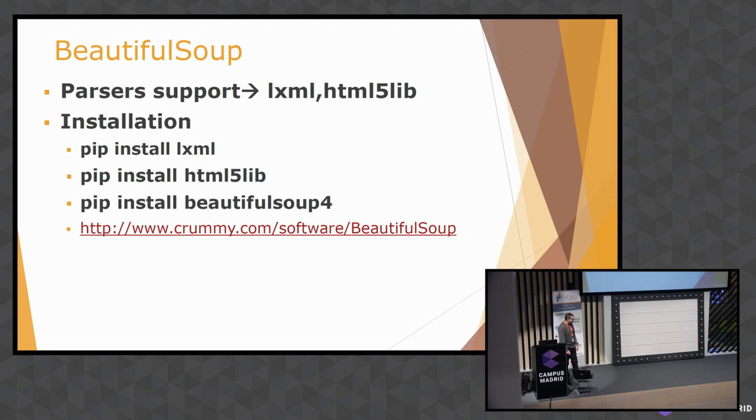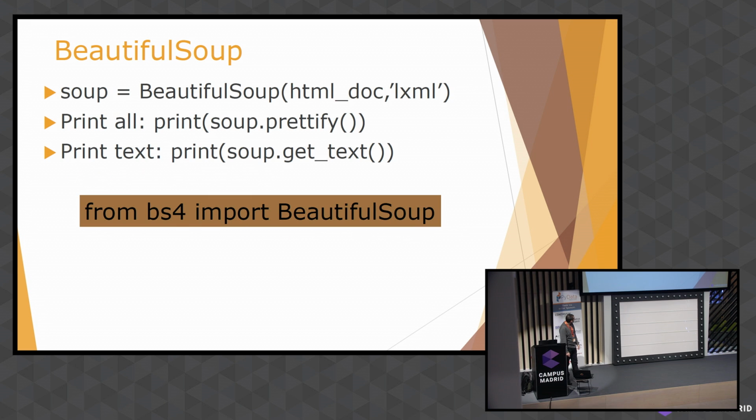Well, Beautiful Soup is the first tool I will comment on. In general, it's a parser that supports two kinds of parsers, the XML and HTML file lib. The installation is easy with pip install. We can install the three modules. For using Beautiful Soup, basically we have to construct the Beautiful Soup object, calling the constructor. We have to pass two parameters.